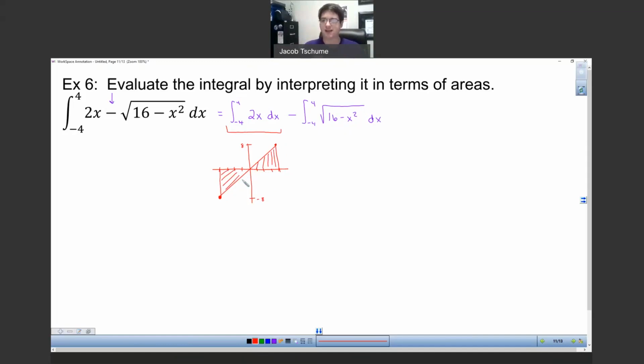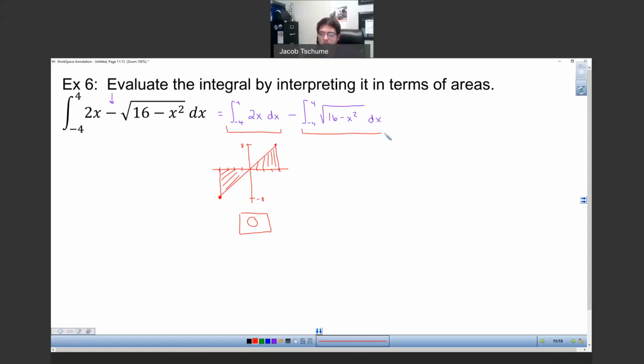Since both of these areas cancel each other out, when it comes to integration, it's actually possible to get an area of 0. That may not seem logical to everybody, but since both areas are the same, but one's positive and one's negative, they cancel each other out. All right, so this first part is 0.